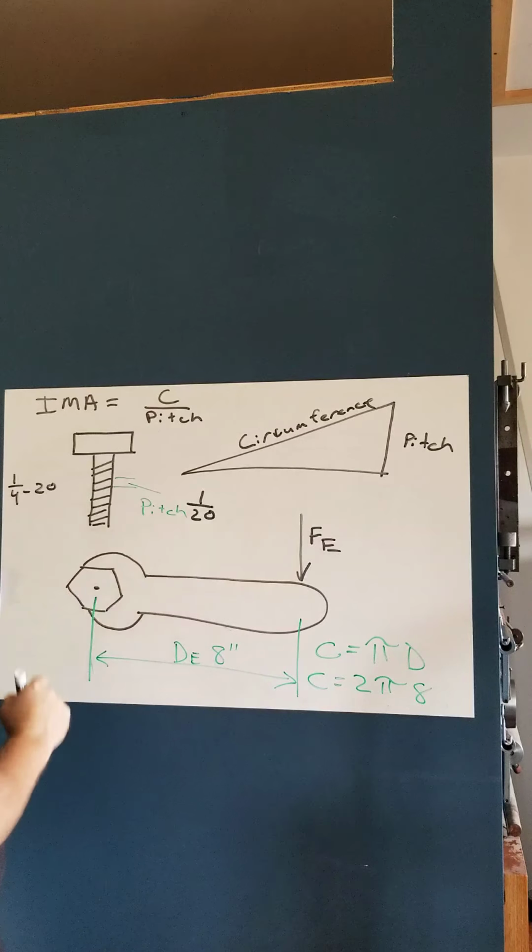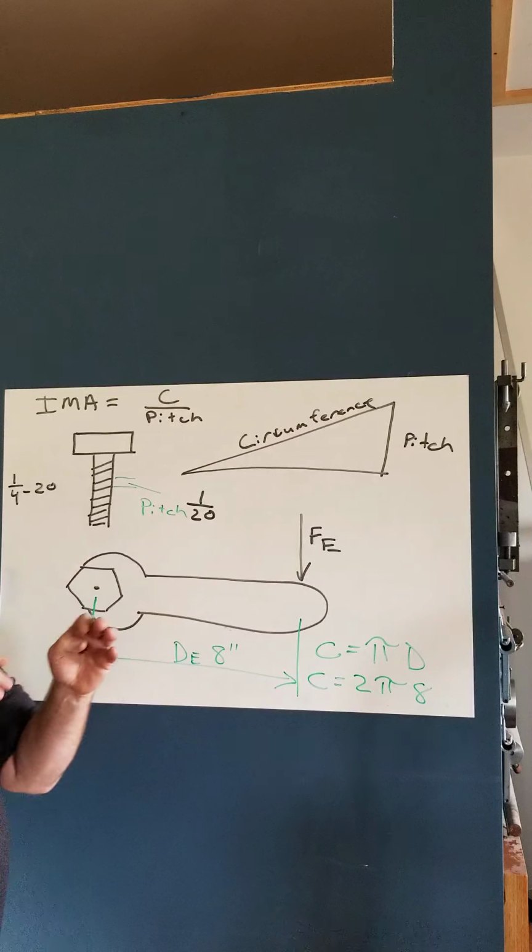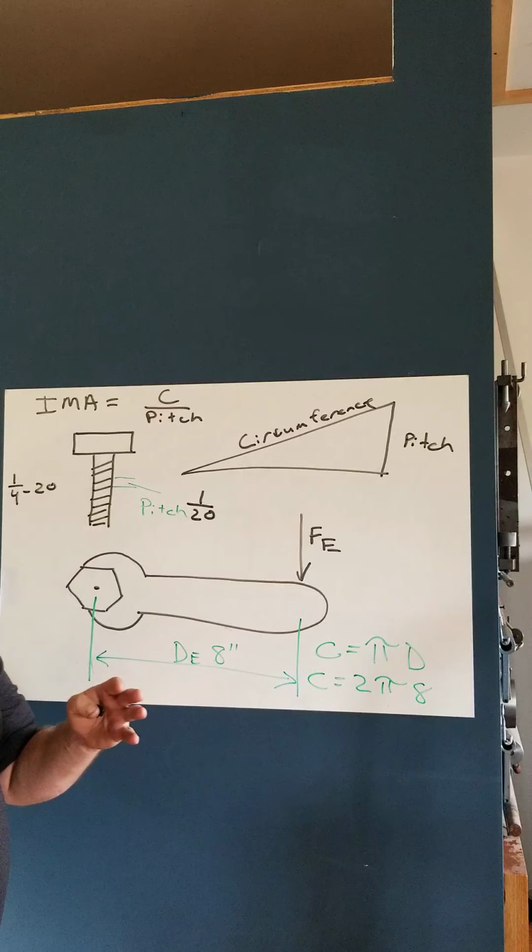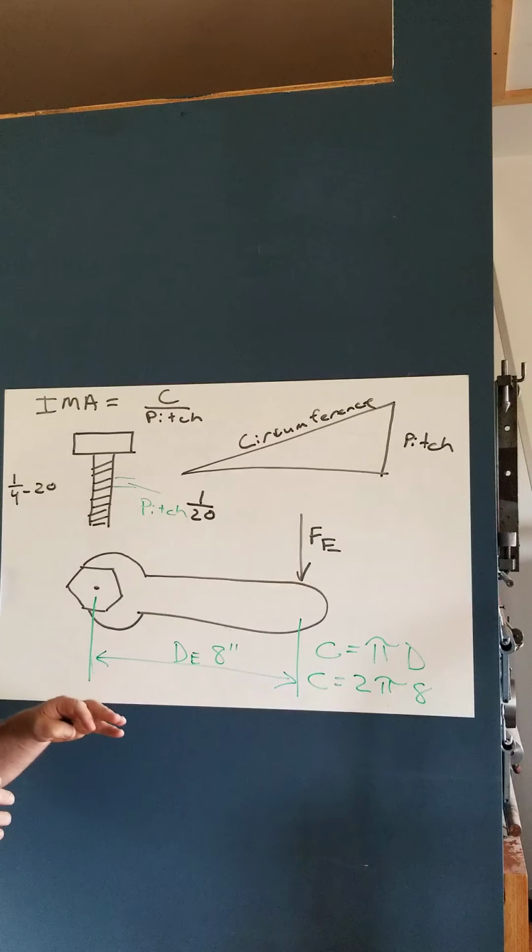One of the more abstract concepts is that the bolt is essentially an inclined plane wrapped around a cylinder. You can analyze this pretty far out to think about how this works. But to figure out the IMA when you're putting a wrench on a bolt, or a nut driver, or whatever the tool is, you're taking two things.